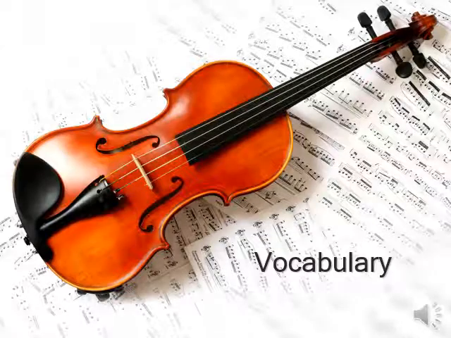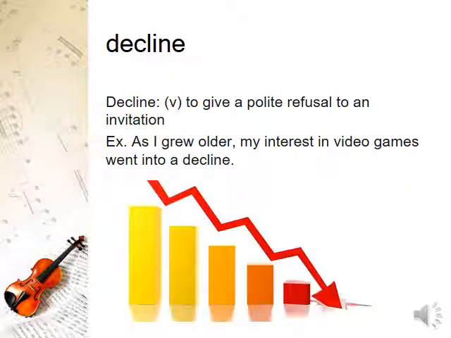So let's look at the vocabulary. Decline is a verb, and it means to give a polite refusal to an invitation, means to say no. Sometimes also decline means to decrease. Okay, so this example: as I grew older, my interest in video games went into a decline, means decreased.